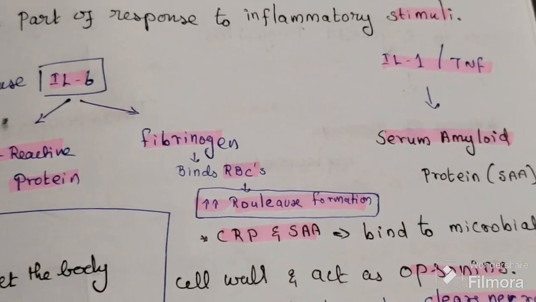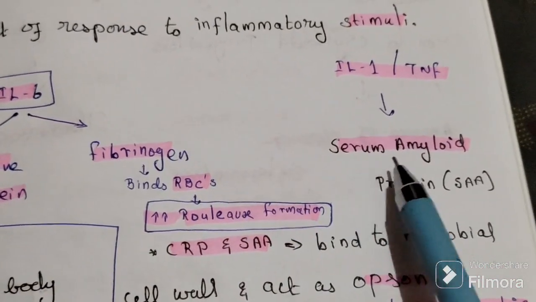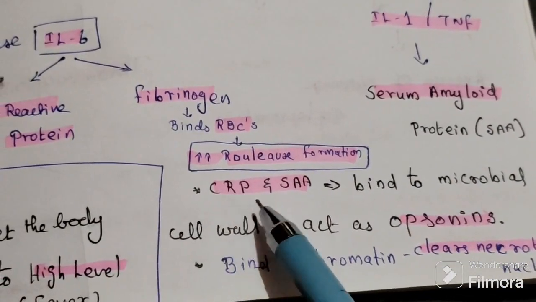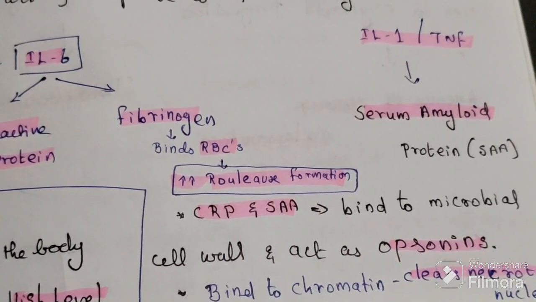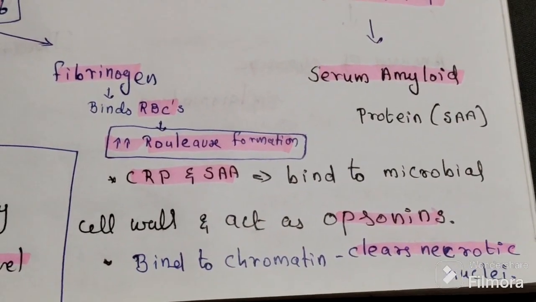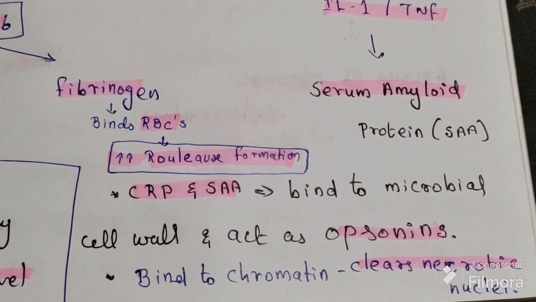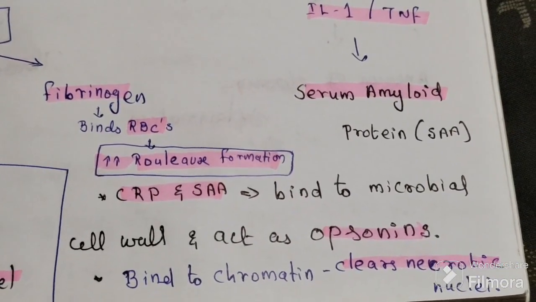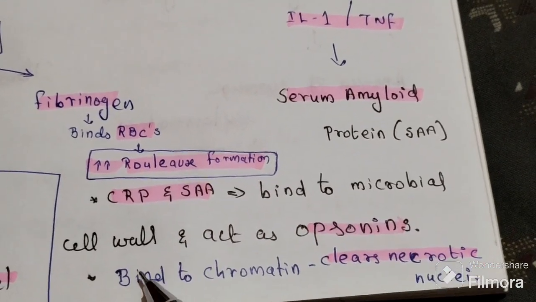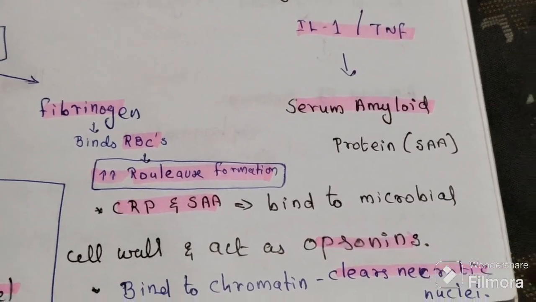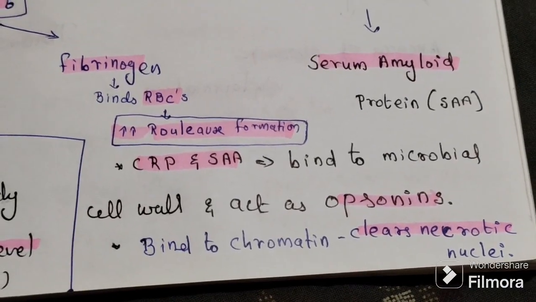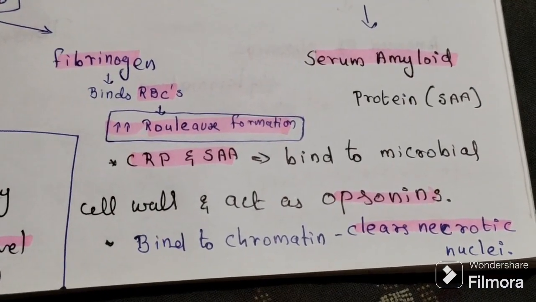CRP and SAA bind to microbial cell wall. These two basically have a similar function. They bind to the microbial cell wall and act as opsonins. What are opsonins?